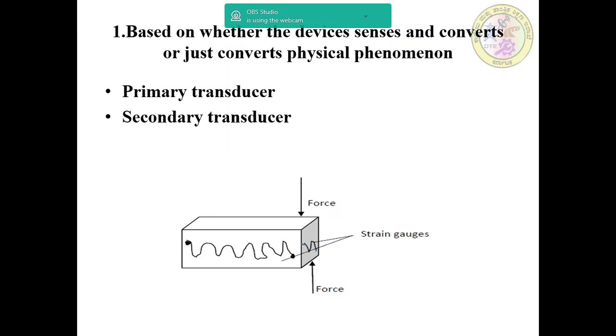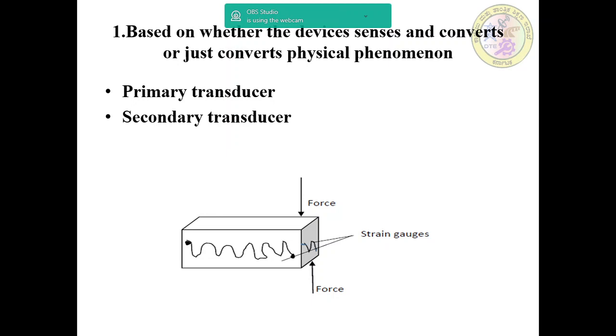For example, we'll take a thermocouple. Here, the thermocouple is used to measure temperature at a junction. The junction senses the radiant heat energy and directly converts it into an analogous electrical output, which is in the form of voltage.